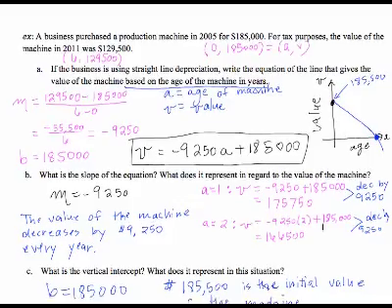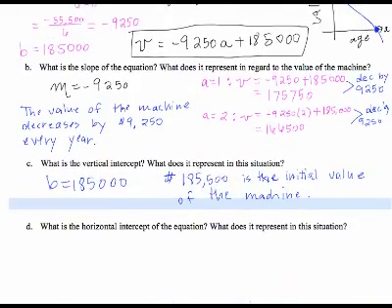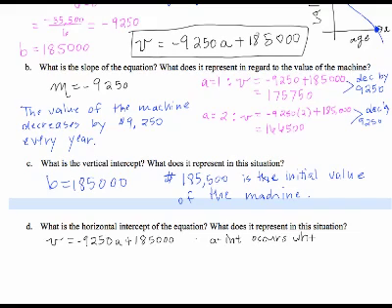So let's take the equation of the line: V equals negative 9250 A plus 185,000. The horizontal intercept occurs where V equals 0. So I'm going to sub in V equals 0 here and solve for A.